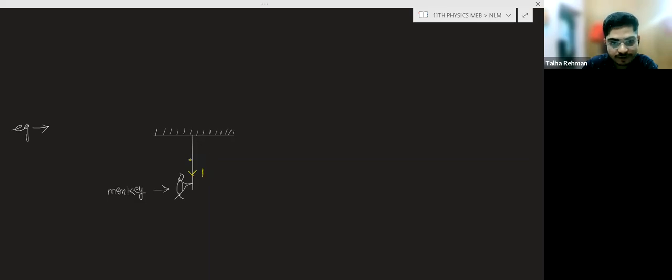Suppose the action force is F, applied in the downward direction. So you can draw like this. This is the string, and this will be the force F by the monkey. What is this F? Action force.